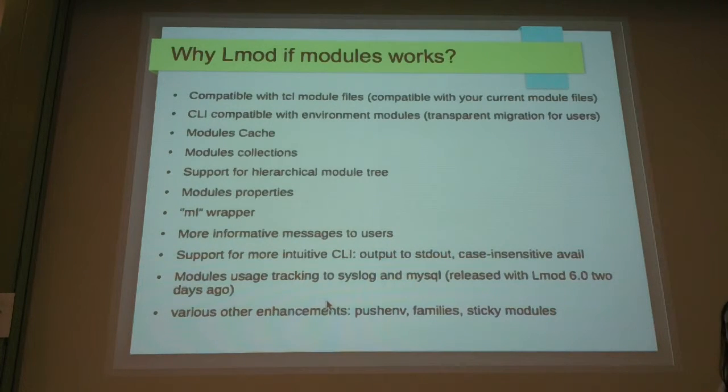It seems stupid, but I'm used to that, and now when I need to use the classical environment modules, it's a pain, because it's much faster to work with ml, only because of this small detail. Also, you get more informative messages for users. For example, when it does an auto swap of modules, it will print on the screen, hey, I have switched this, be aware.